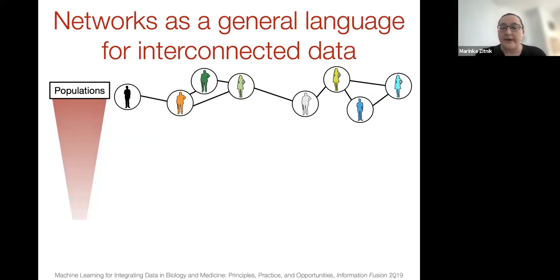In my group, we are using the power of networks or graphs as a general language to bring together these heterogeneous data sets that we encounter in biology and medicine.